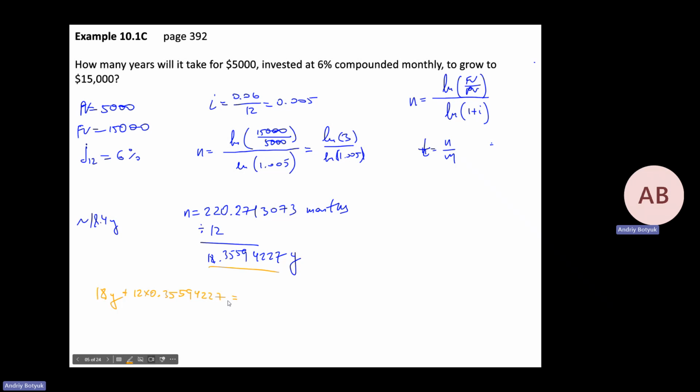Okay, one more time, because I have gremlins in my calculator. Okay, now, minus 18 times 12. So I have 4 — so what I have is 18 years, 4.27130726264.